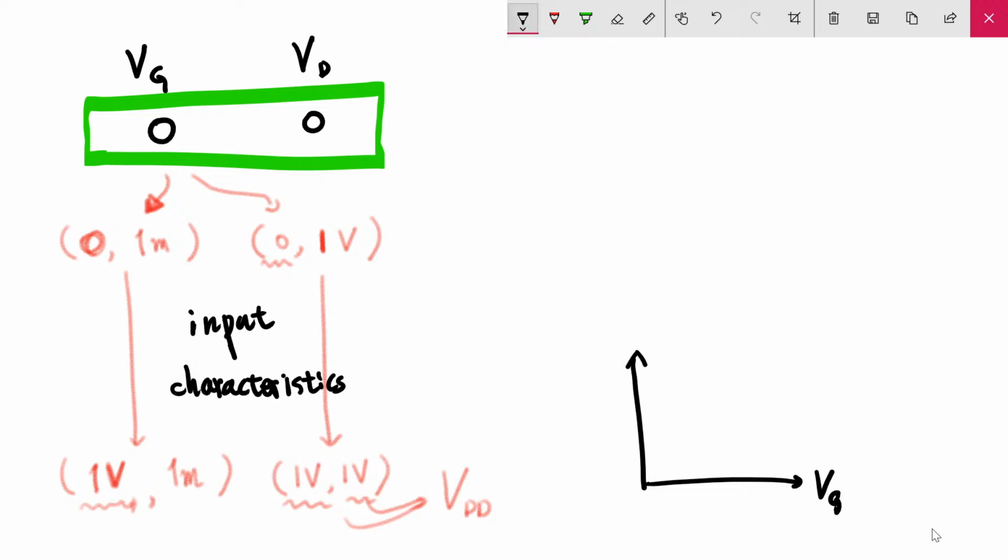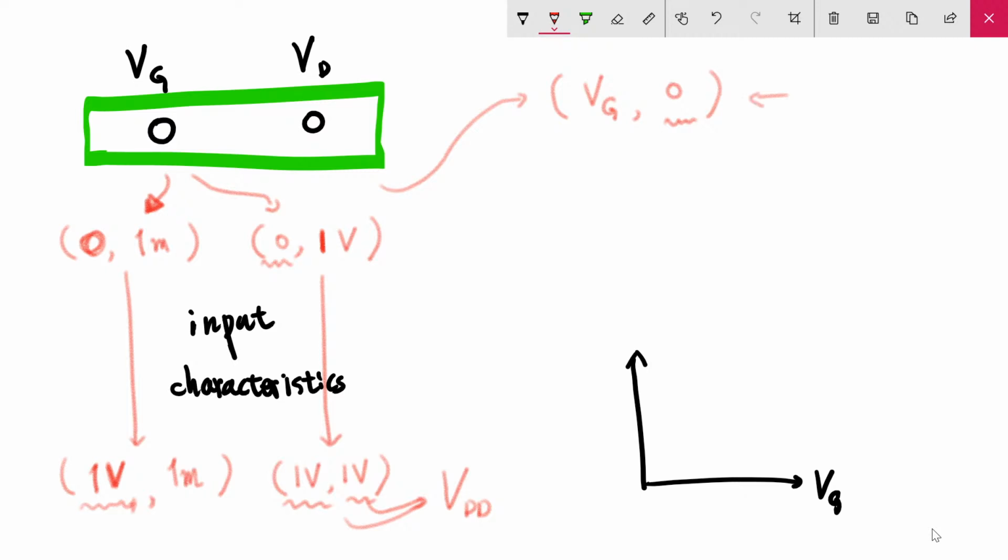Now let's go to a case like this. First go to a certain gate bias and 0 volt. In this case you don't have to increase drain bias first, and just change your gate bias. So this will be quite quick.